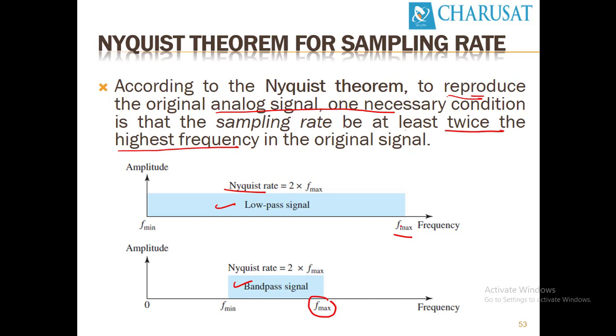That's why if you have 200 kilohertz, then f max would be 200 kilohertz in a low pass signal. This is not true in the case of band pass signals. So in band pass signals, we must have the maximum frequency. The same rule applies here to find the sampling rate: the sampling rate equals 2 into f max.